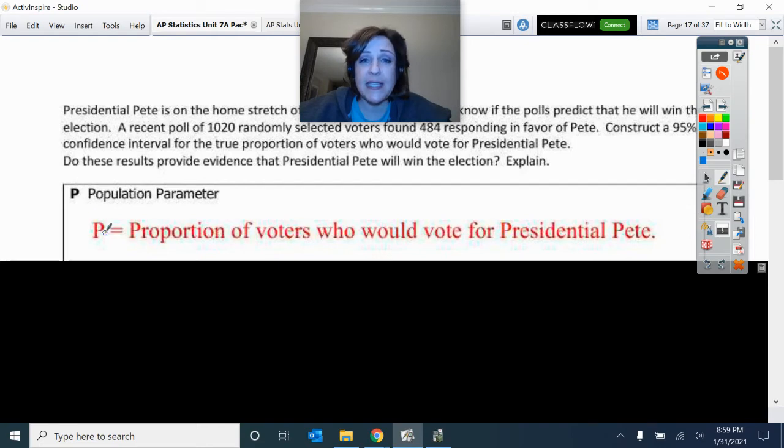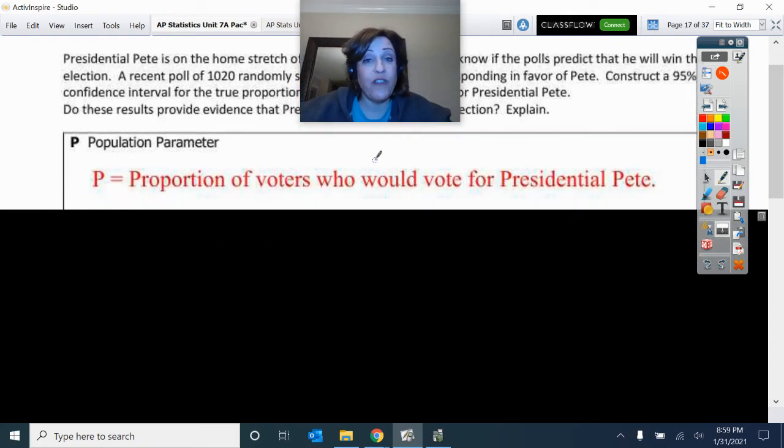This p is because that's the proportion value that I am making an inference about. So it's the proportion of voters who are going to, or who anticipate voting for presidential Pete. Okay? And it's not who voted. Voted, it's not past tense.